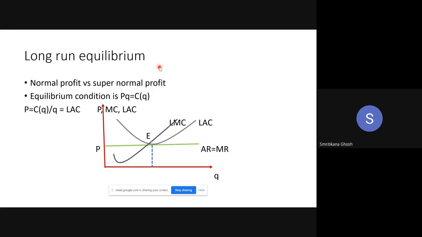Workers get their return according to their effort, labor and capital, everyone. The same thing happens with management. This is a part of the total cost of the firm. That part, the return to the management side, is called the normal profit.